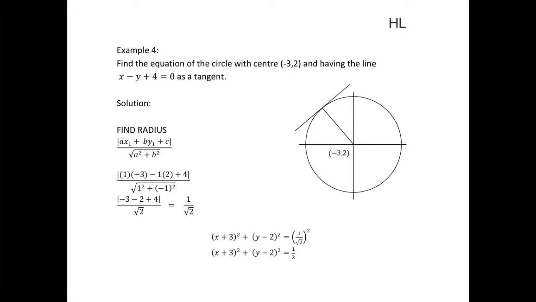Now I'm just going to take a look at a question at higher level. We're asked to find the equation of the circle with centre (-3, 2), and having the line x minus y plus 4 equals 0 as a tangent.